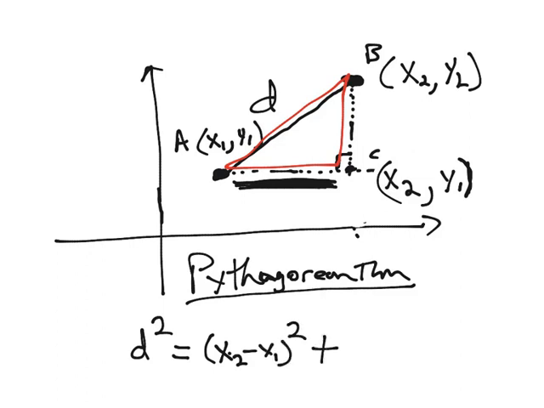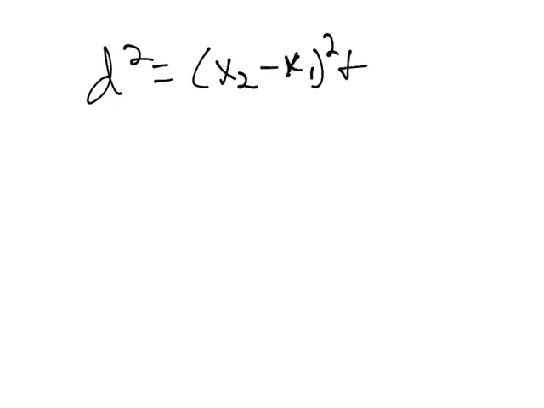Pythagoras says we got to square it and add it to the length of the vertical side squared. So the length of this vertical side is just going to be the difference in the y coordinates, y2 minus y1 quantity squared. So we have d squared equals x2 minus x1 quantity squared plus y2 minus y1 quantity squared.